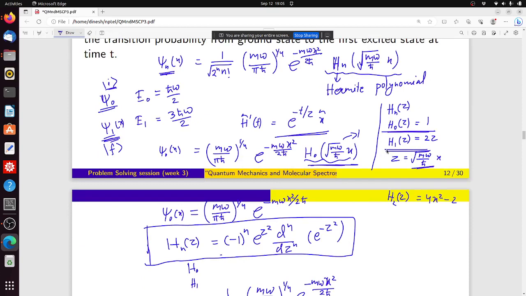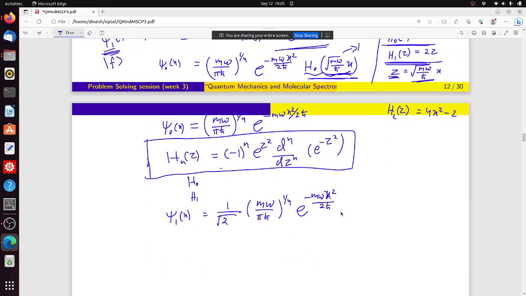So this is nothing but 2z, where z is the corresponding value, z is root of m omega by h cross times x, right? Okay, I have psi 1, I have psi 0.